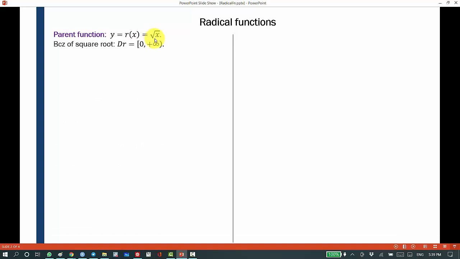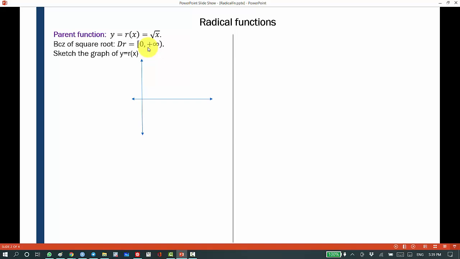Because of the square root, the domain of this function starts from 0 and runs up to plus infinity. That is, the domain does not include negative numbers.